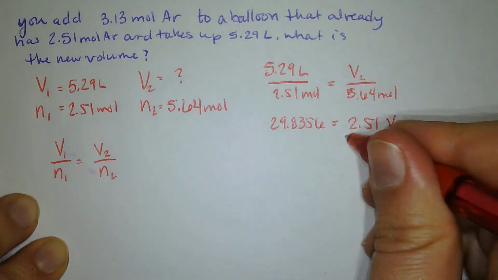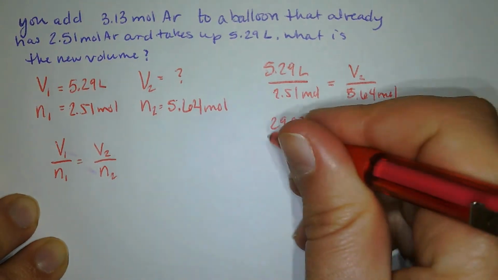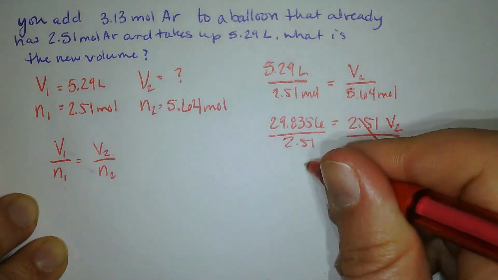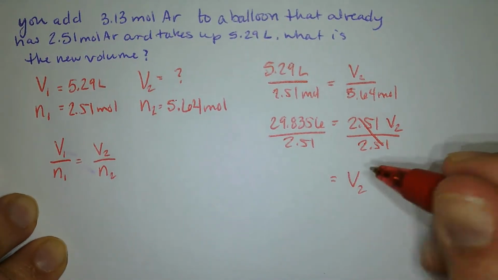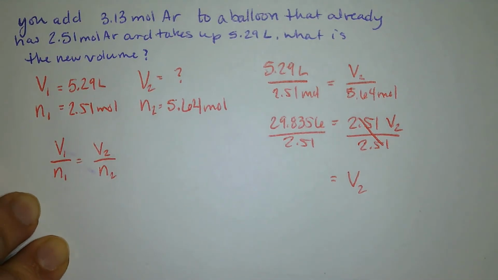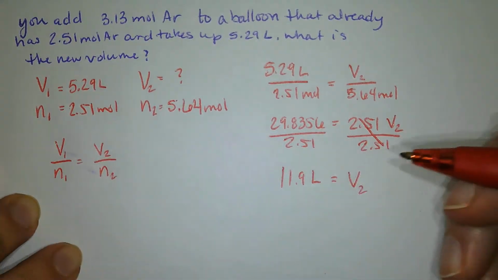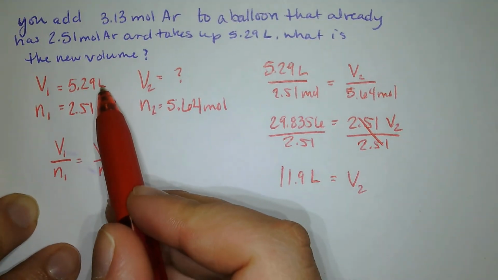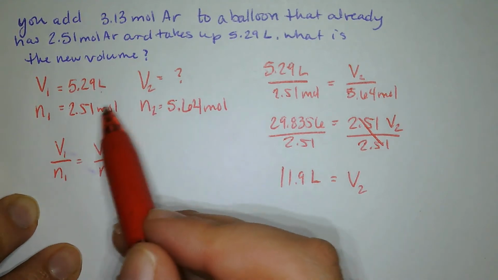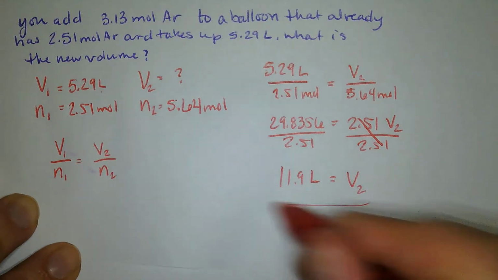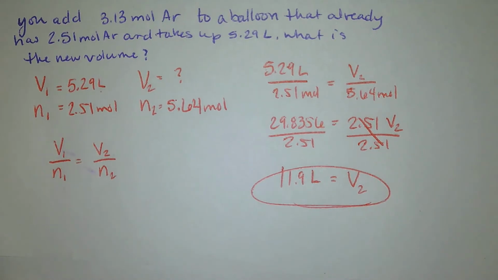To get V2, we divide out the 2.51, and we're going to get V2 to equal 11.9 liters. Remember, the units here were liters, so this volume is also going to be in liters. Moles, moles. So make sure you're using units and stick with that.